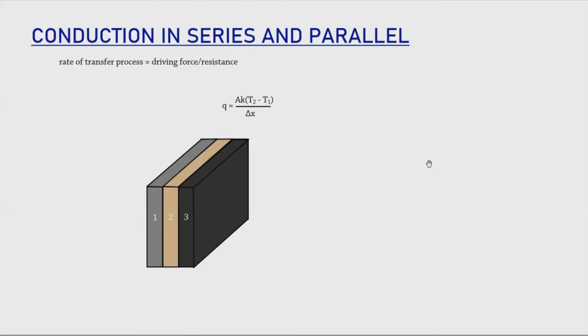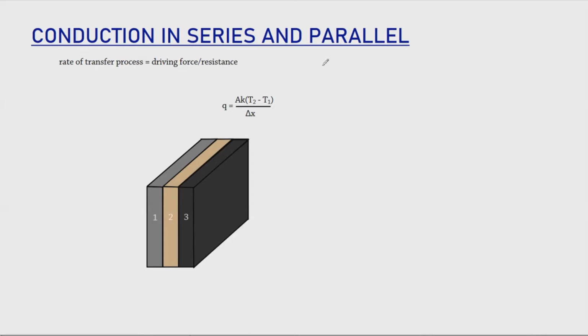which is the rate of transfer process. What is written here: the rate of transfer process equals driving force over resistance, so that we can derive the equation for our conduction in series and parallel. In this case, this is the general equation for conduction through a slab, which is just one slab with a thickness delta x.